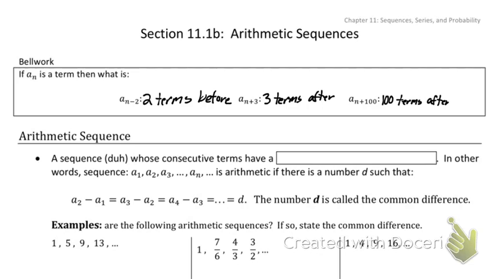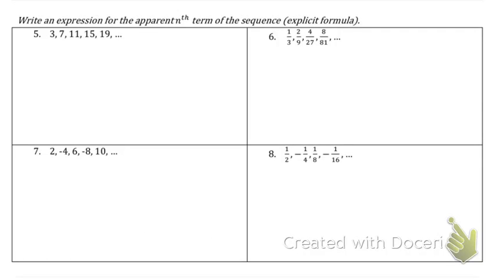All right, what questions did we have from the homework? Yeah. Number 6. So number 6 is 1/3, 2 9ths, 4 27ths, 8 81st. So we're going to notice on top we are multiplying by 2. So that's times 2, times 2, times 2.